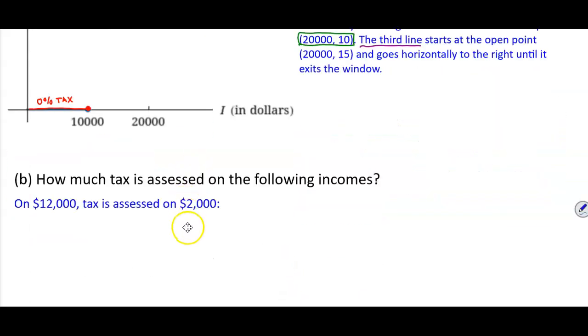Now let's take a look at the next part. How much tax is assessed on the following incomes? If we have $12,000, we know that the amount over $10,000 is going to have a 10% tax. So let's break this down. We have $12,000.